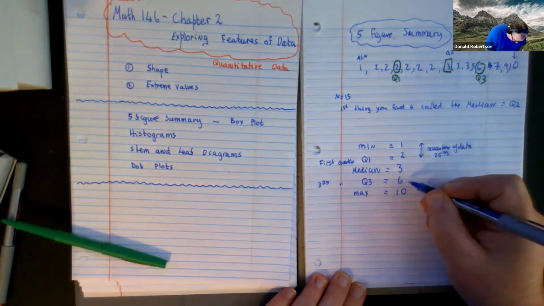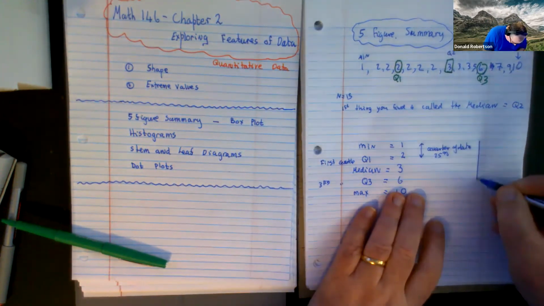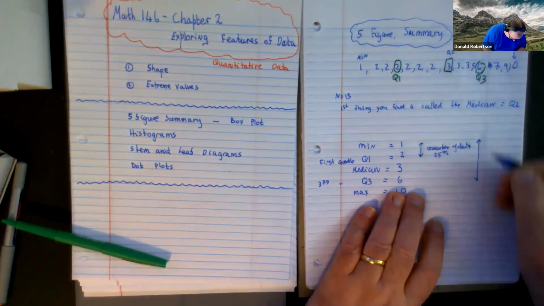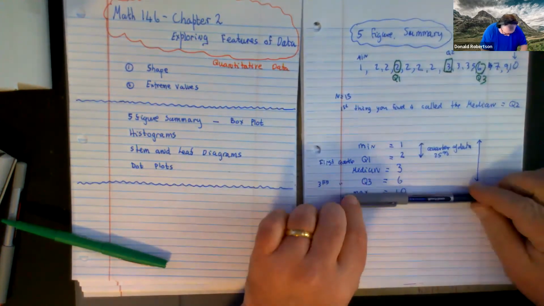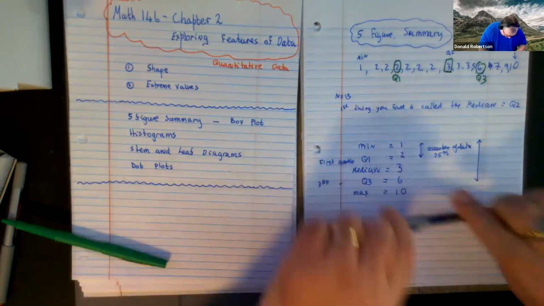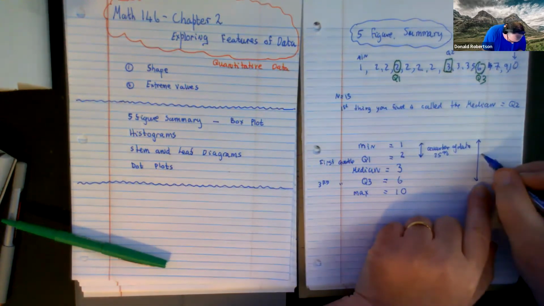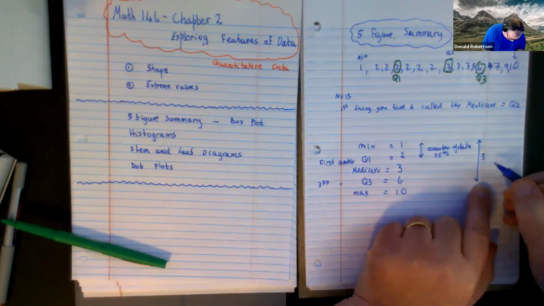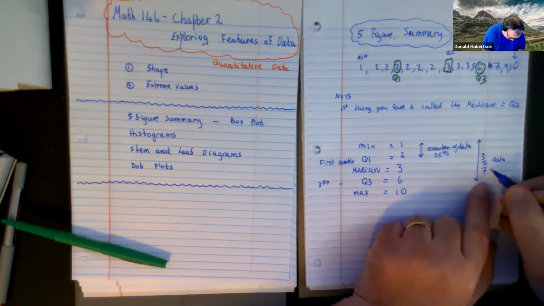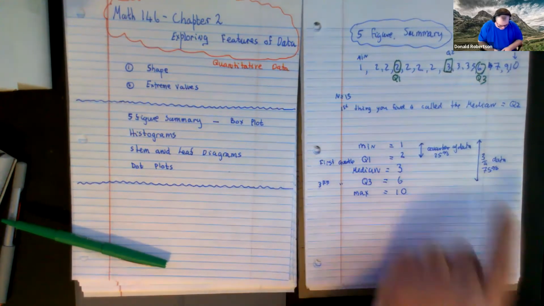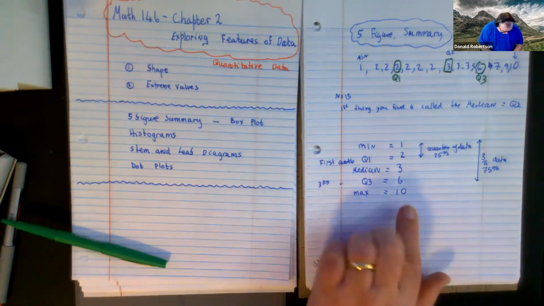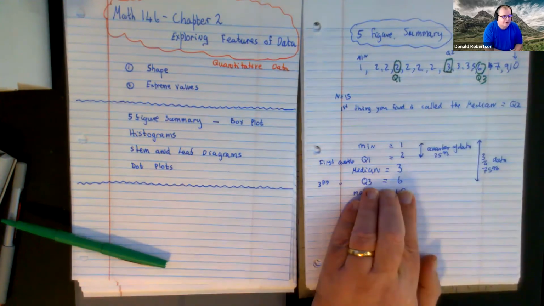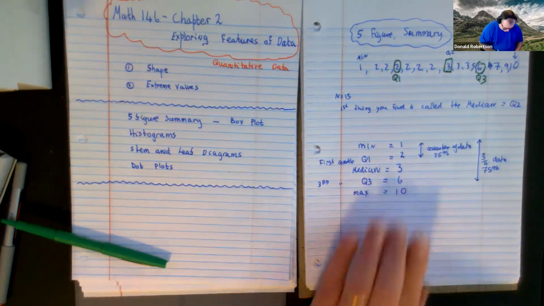If you think about the third quartile, from the minimum to that one, that's 3/4. So 3/4 of the data, or as I prefer, 75% of the people in this class are in the range 1 to 6 in their siblings.